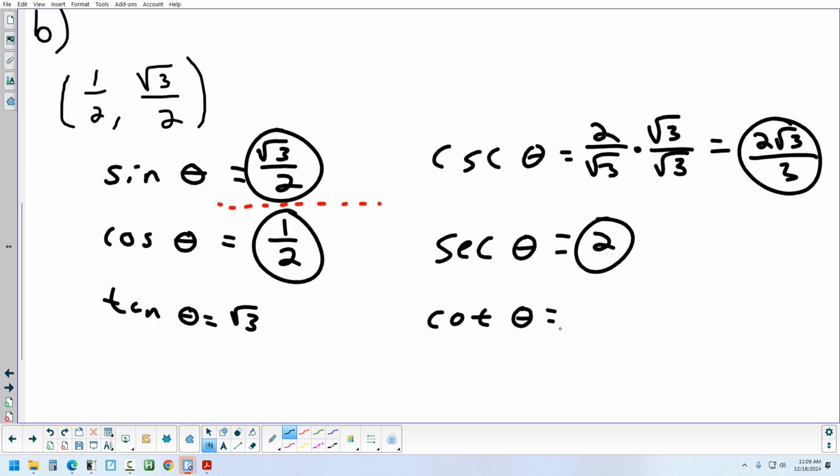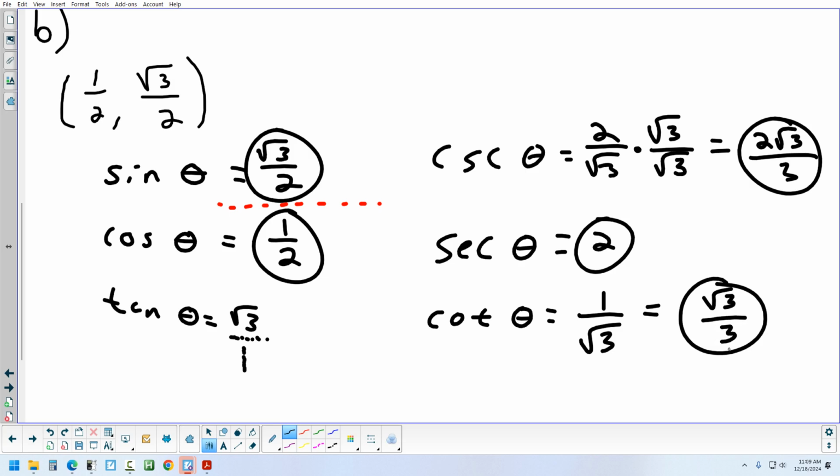If you want to think of the tangent as a fraction, just pretend it's over 1. What would you get when you flip the tangent? Square root of 3. Okay, we could start with that, but then when we fix it, it would be square root 3 over 3. Yep. So those are the 6 trig functions for some angle represented by that location.